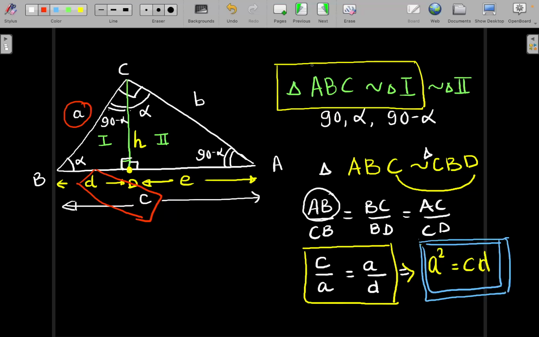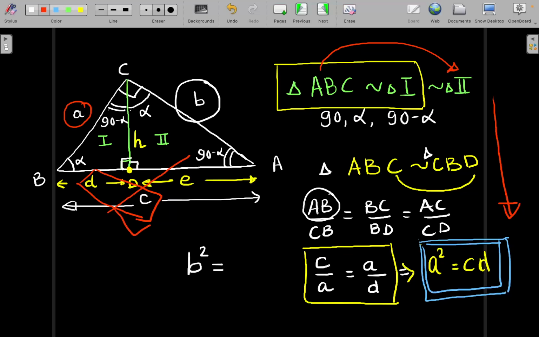Now, let us see what happens if this mother is similar to the second daughter, and I'm not going to repeat all these steps, but they are very similar and you are encouraged to write it down, but perhaps you will agree that by symmetry, the similar result that you can expect is this: B square will be equal to CE.